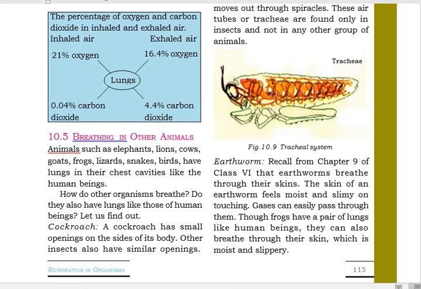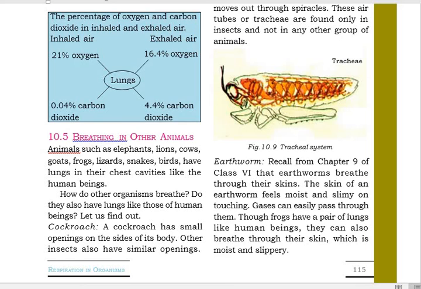Among them, elephants, lions, cows, goats, etc. are mammals, frogs are amphibians, snakes, lizards, etc. are reptiles, and birds are avians. So all these have a respiratory system and chest cavities like human beings.